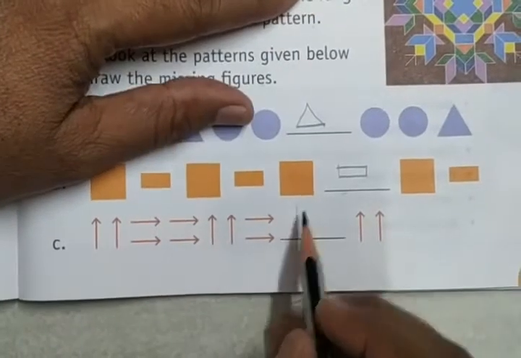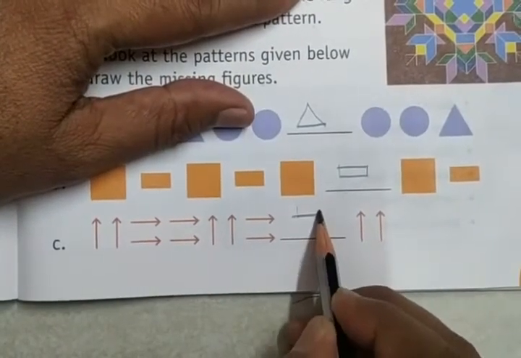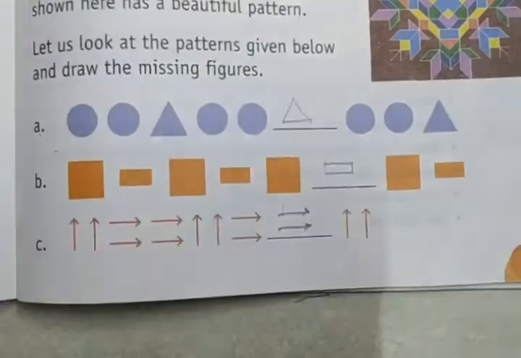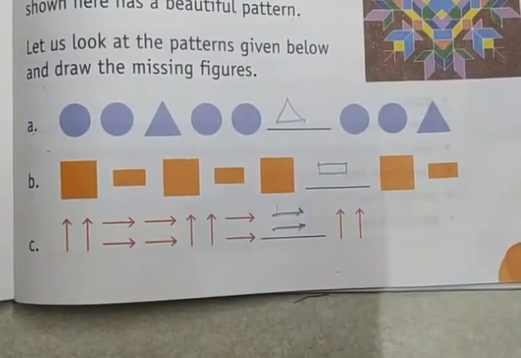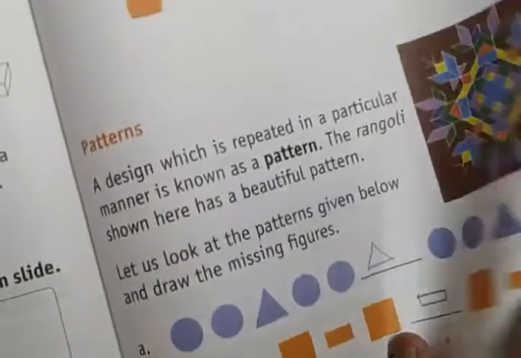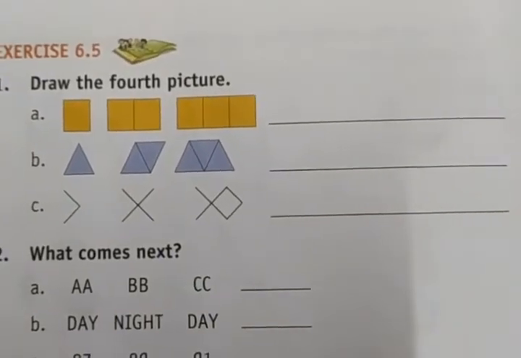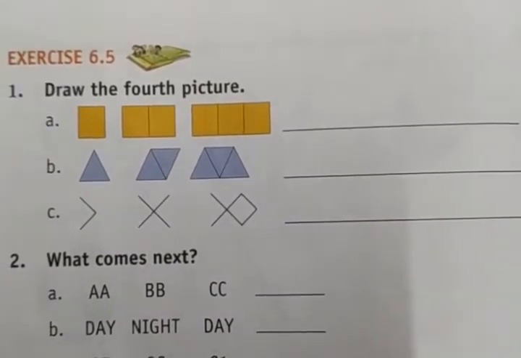So here, one more time, we have to draw the sleeping arrows. Clear? So that's all. Now we'll do some more activity based on the patterns on the exercise number 6.5.